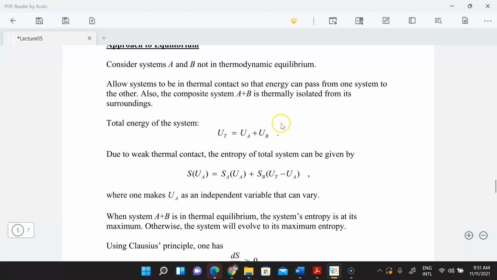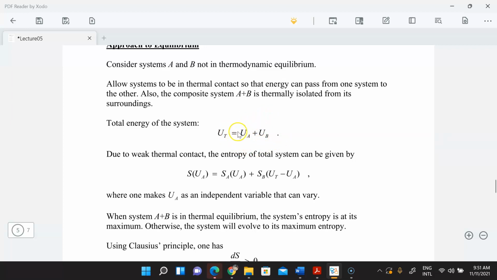So the total energy of the system is given by the internal energy of A and the internal energy of B, and we assume this combined system is thermally isolated, so there will be no loss of energy, so this will be kept constant.